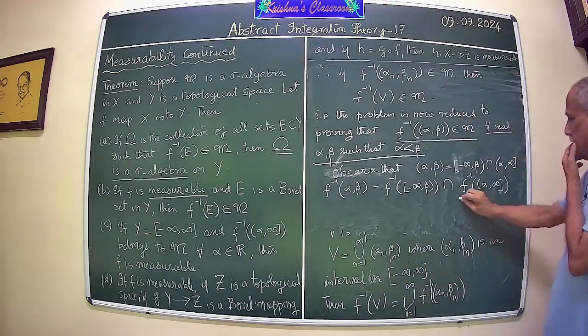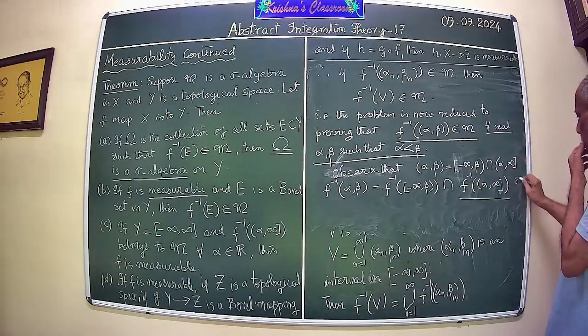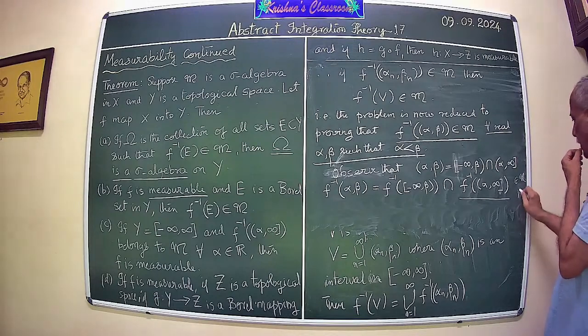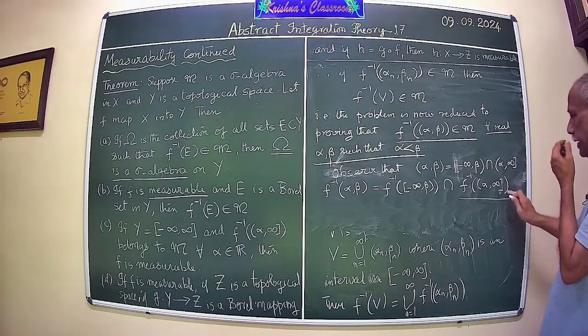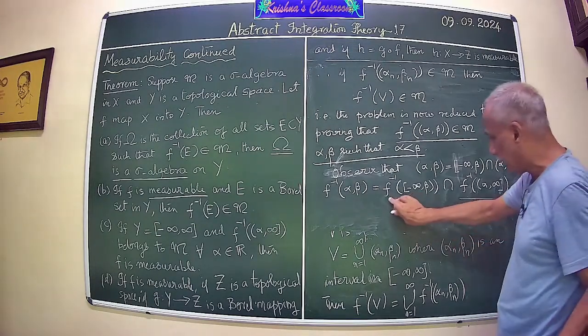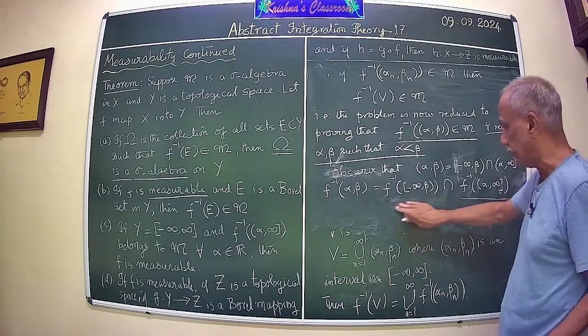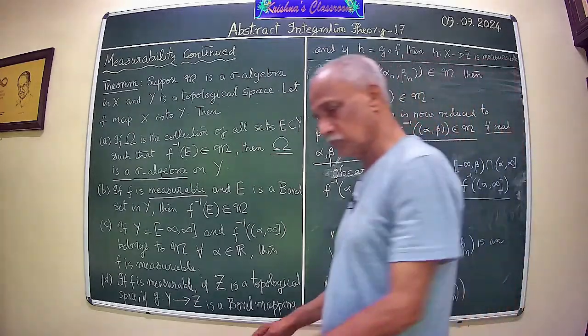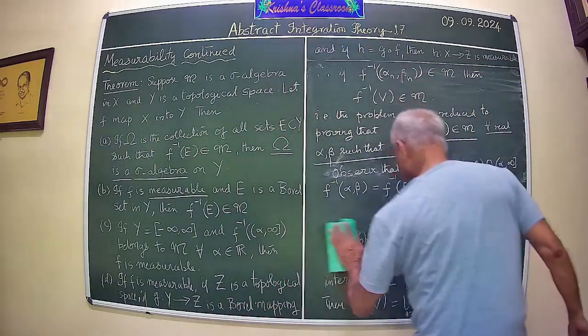This we already know belongs to M. So it remains to prove that this type of set belongs to M. That's it.